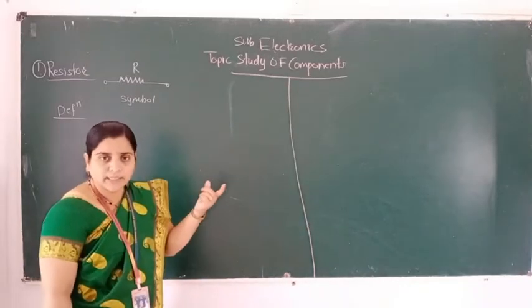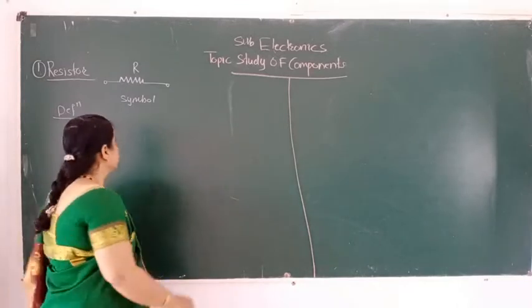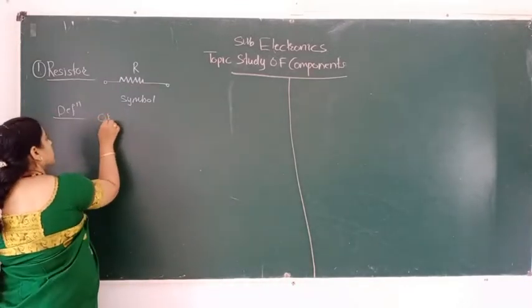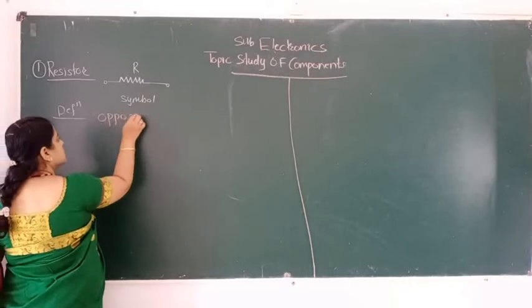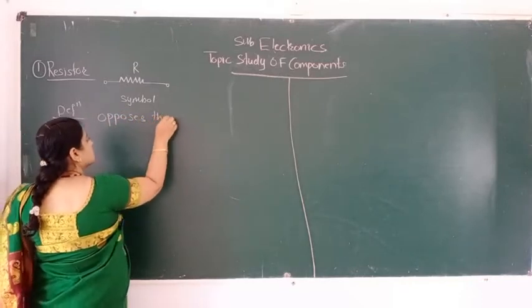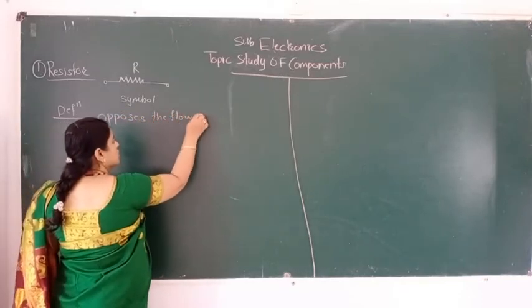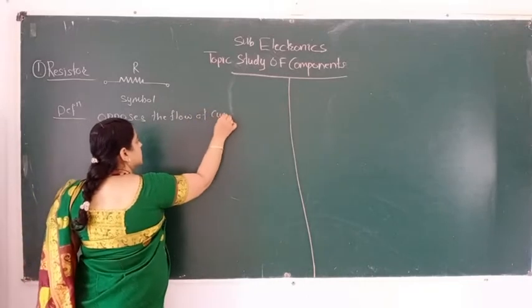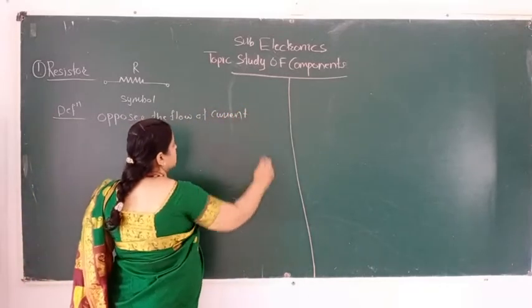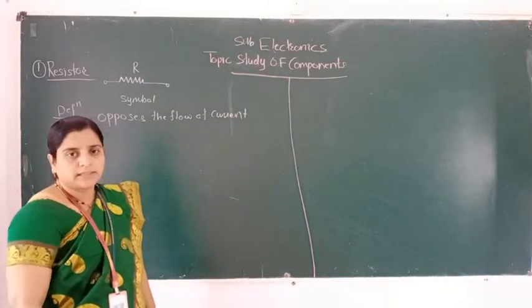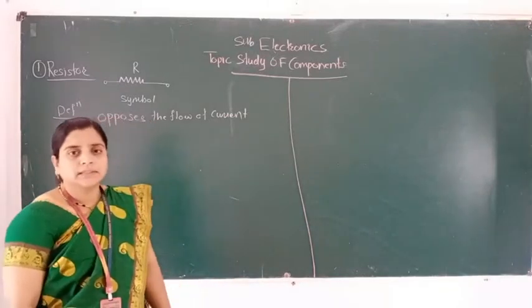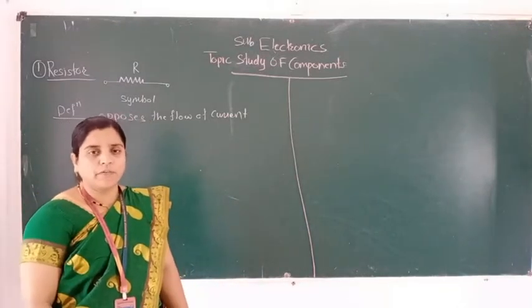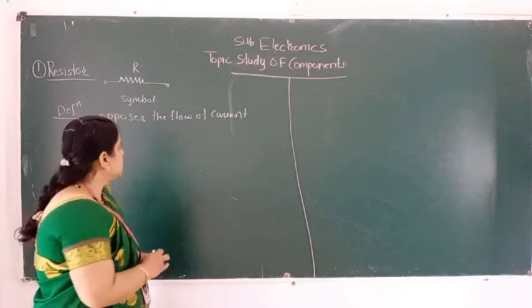It opposes the flow of current is called a resistor.